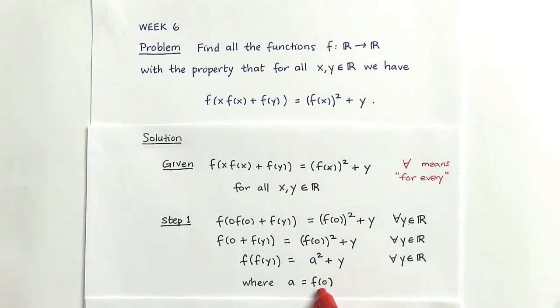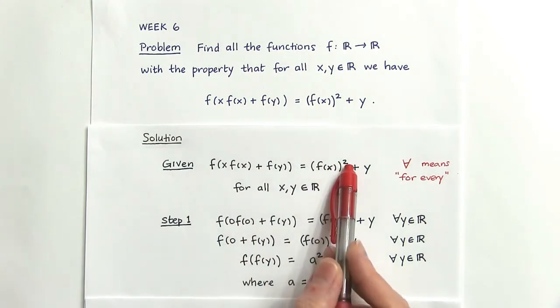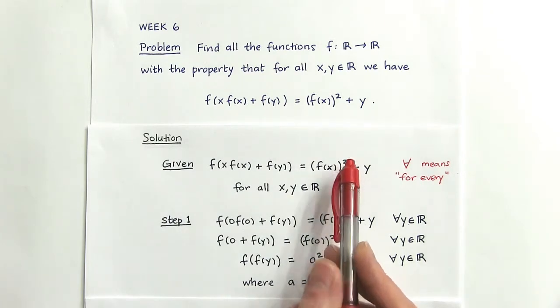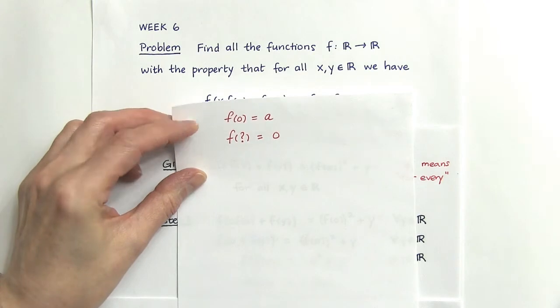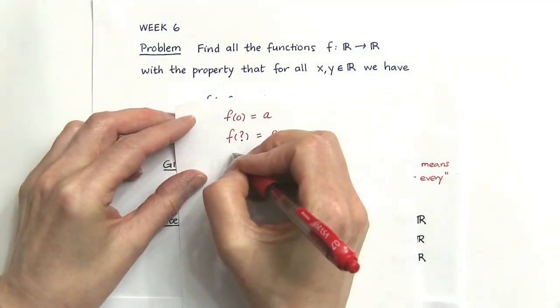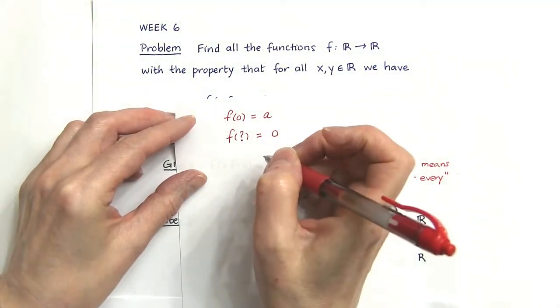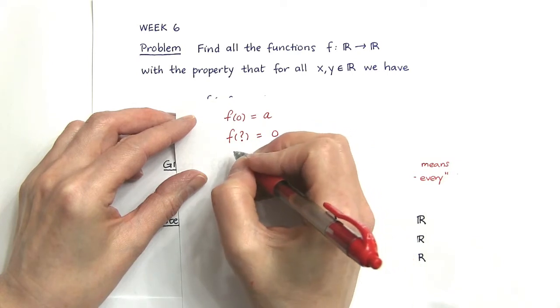So by plugging in 0 for x into this expression, I've discovered that f evaluated at f of y is a squared plus y for every real number y. I'm going to write that down on my list. I'm keeping track of all the results that I've come up with at each step of the way.